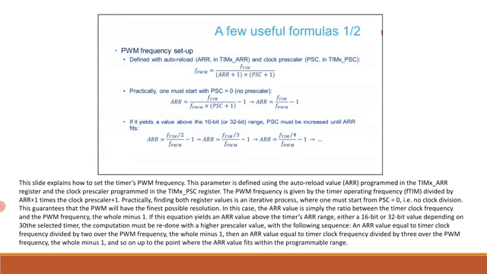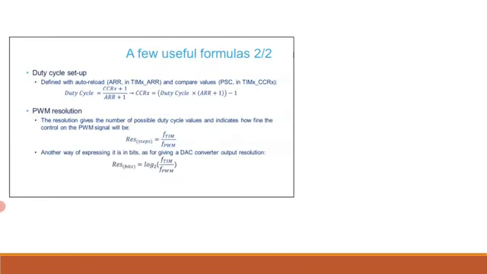How to program a duty cycle for a given PWM frequency? This parameter is defined using the auto-reload value ARR programmed in the same TIMx_ARR register and the compare value programmed in the TIMx_CCRx register.